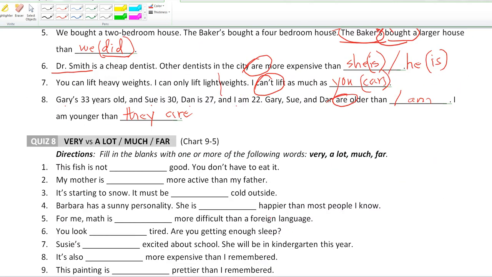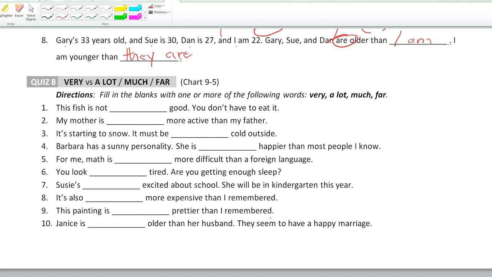Let's keep going. Okay, we have very versus a lot, much, and far. Well, very is used before an adjective. So, very tired, very hungry. A lot, much, and far are used in front of comparatives. So if I use hungry, I need to use the comparative.